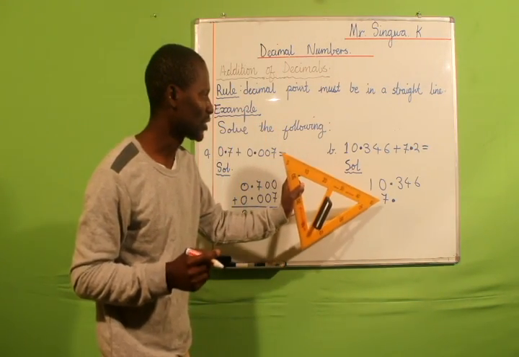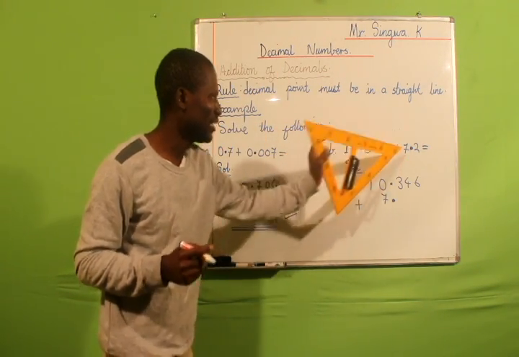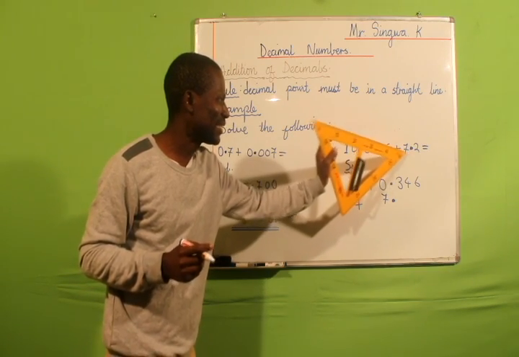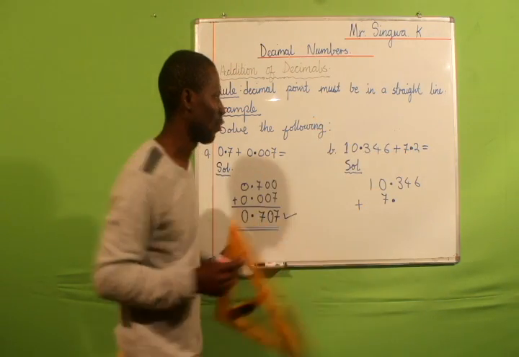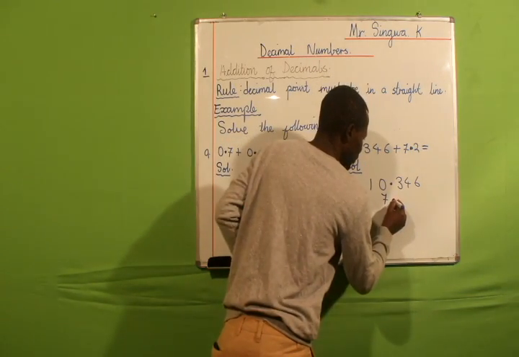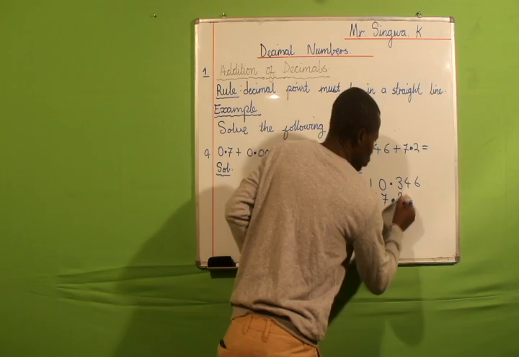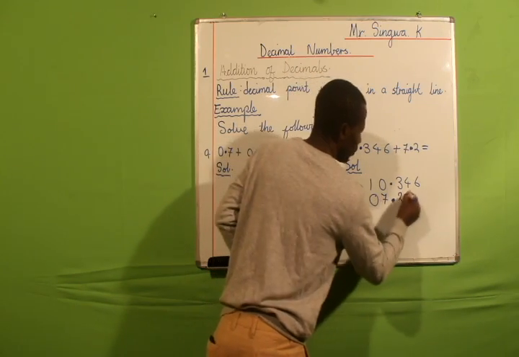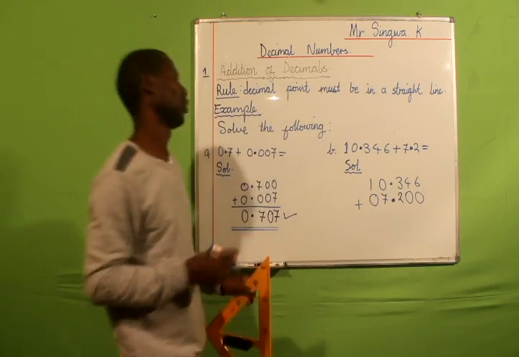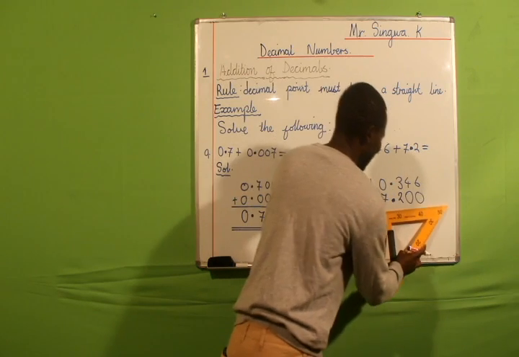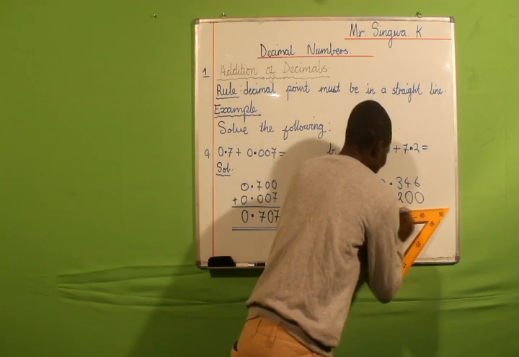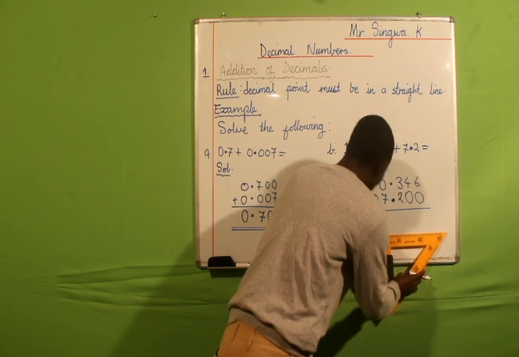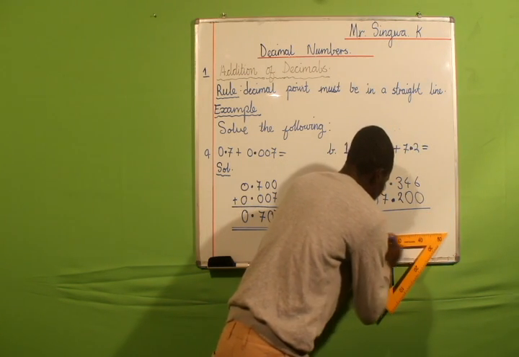So when you put your 7 there, because it's the ones, the 7 is the ones, followed by a decimal, as well as we go to 2. If you want, you can put the placeholders, which are 0, that will not add any value there. When you do like that, please get your ruler and do the same.